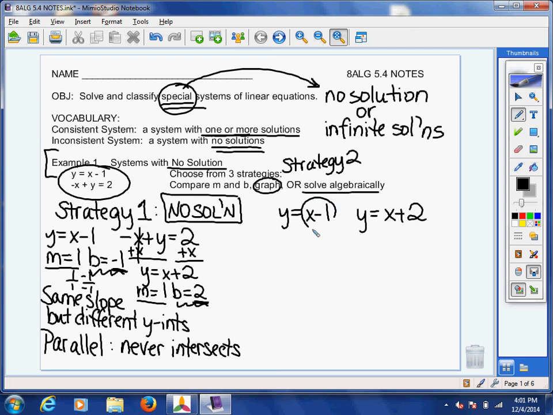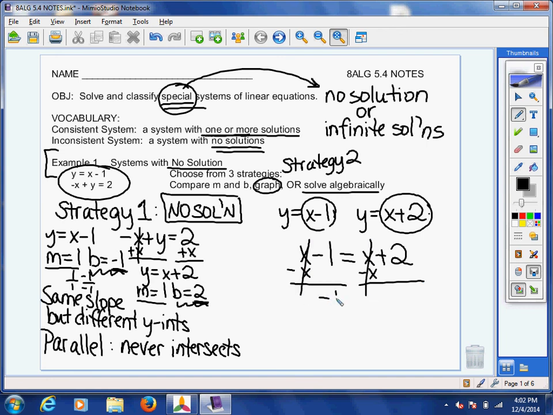If x minus 1 equals y, and x plus 2 also equals y, then what I have circled must equal each other. They must. And they do. So we're going to use substitution, and what you'll notice is you take away x, and hey, they both disappeared. Look, they both cancel out, leaving me with -1 equals +2.